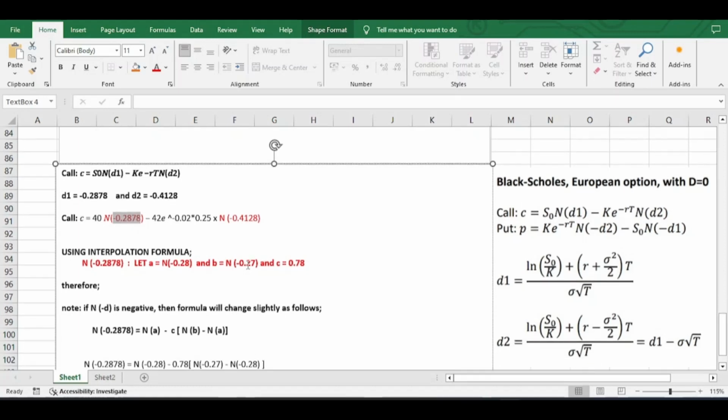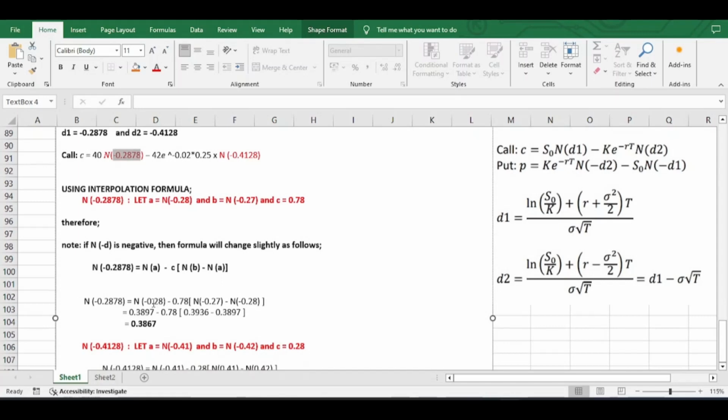So in that case, because B is greater than A, your formula will become normal distribution of minus 0.2878 equals normal distribution of A plus C, and normal distribution of B minus NA, because the B value is greater than NA. Now going back to the table and find the probabilities of minus 0.28 and minus 0.27.